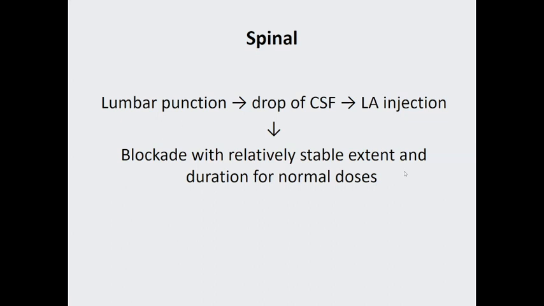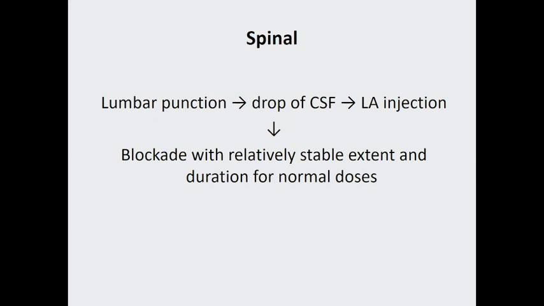The block comes after injection of local anesthetic into the spinal, a small volume, maximum 4 milliliters in a non-pregnant person. In pregnant, it's less than 4 milliliters of local anesthetic, so a very small amount, and it will give us the block with stable extent and duration, depending on the drug.